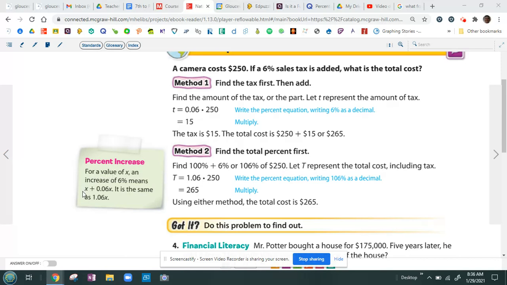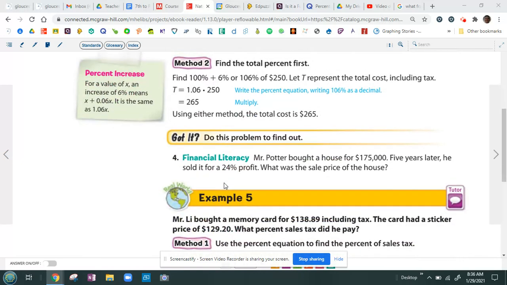Well, you'd have to pay all of that, so that'd be 1x, plus you'd have to pay 0.06 of the x, right? 6/100ths of the x, or 6% of the x. And if you combine those like terms, it's the same as 1.06x. Okay, 1.06, just like we have this 1.06 times 250.